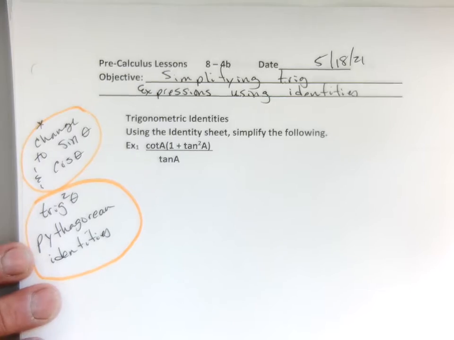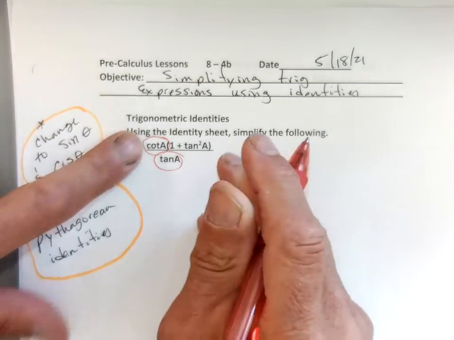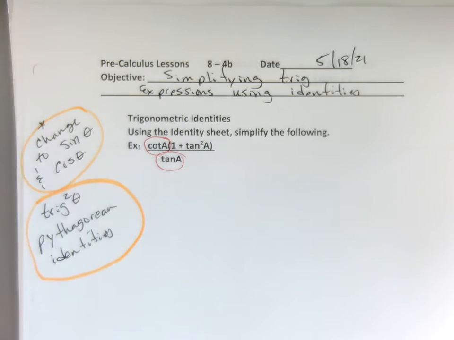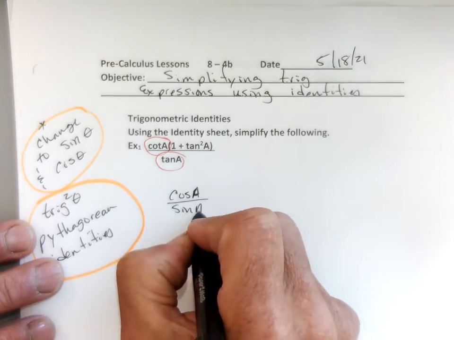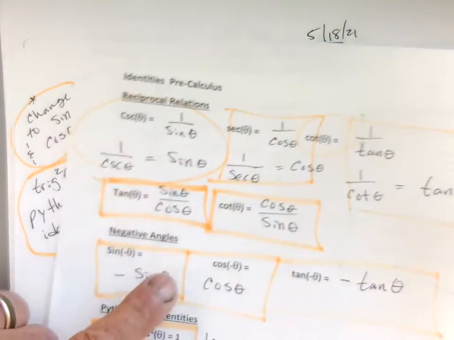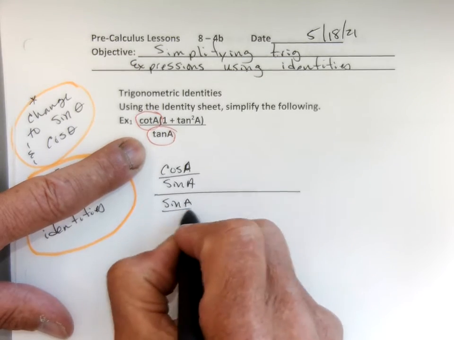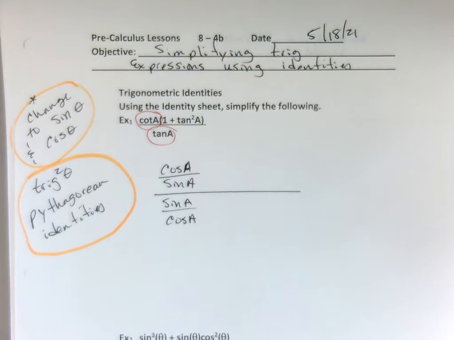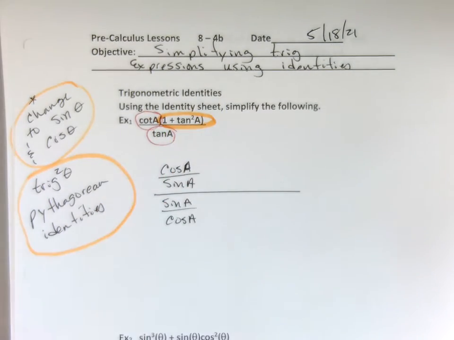First of all, let's change cotangent and tangent. So I'm going to write cotangent. My identity says cosine over sine, so I'm going to write this one as cosine A over sine A. Tangent, my tangent identity is sine over cosine, so I'm going to go sine A over cosine A. And as far as a Pythagorean identity, I saw a 1 plus tangent squared, right?